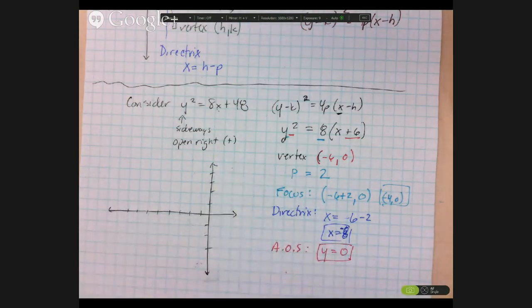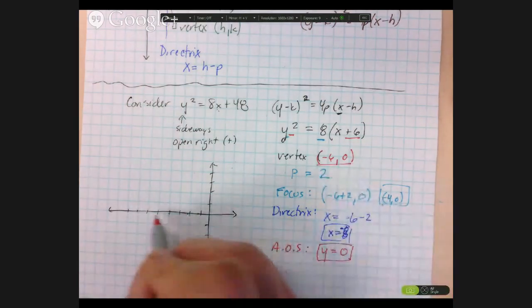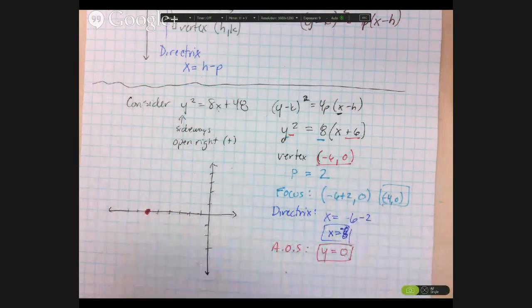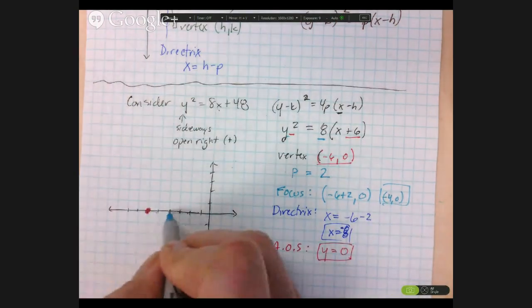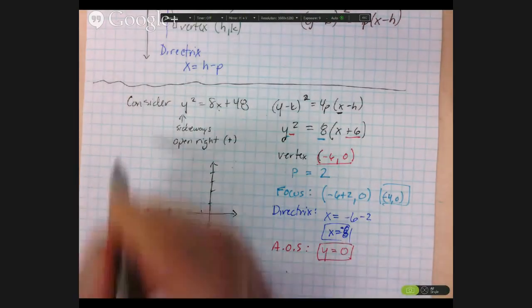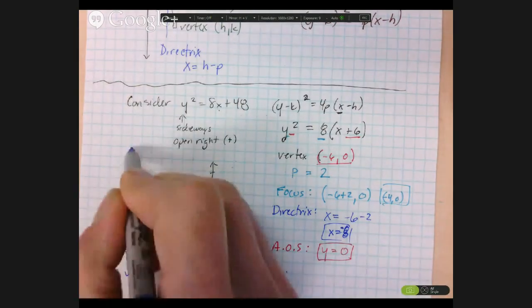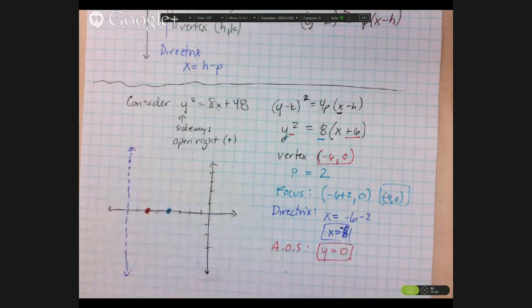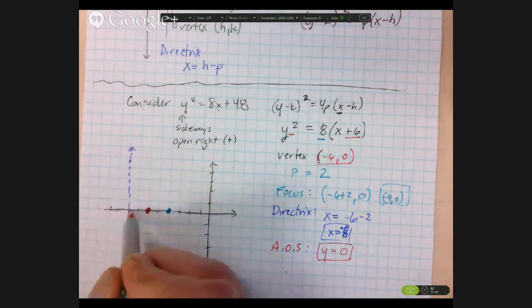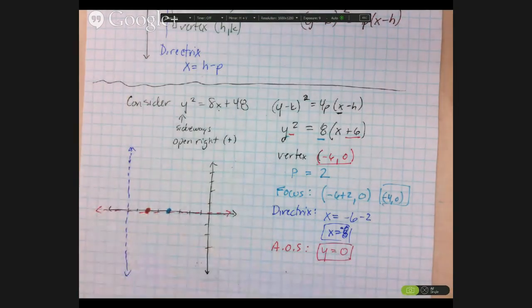All right, so vertex -6, 0. Focus -4, 0. Directrix x equals -8. Axis of symmetry y equals 0.